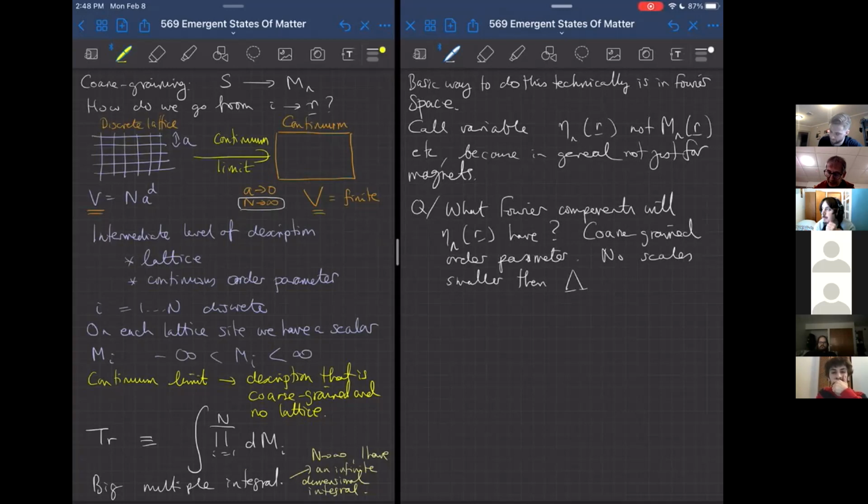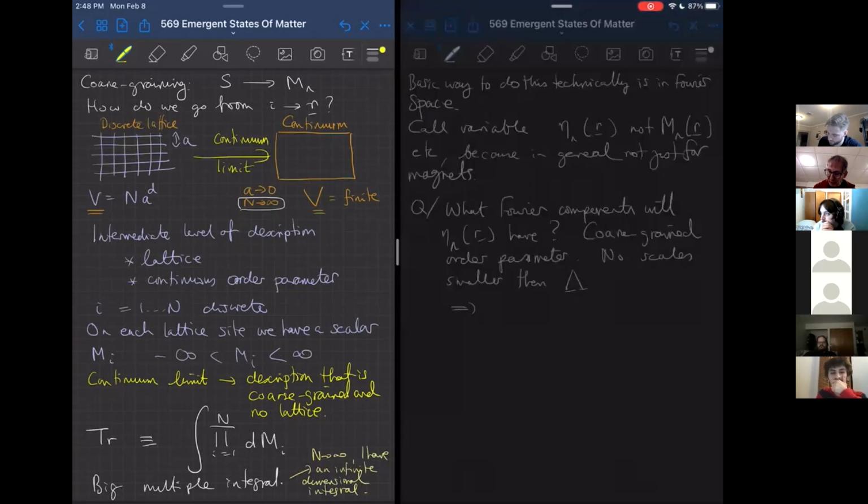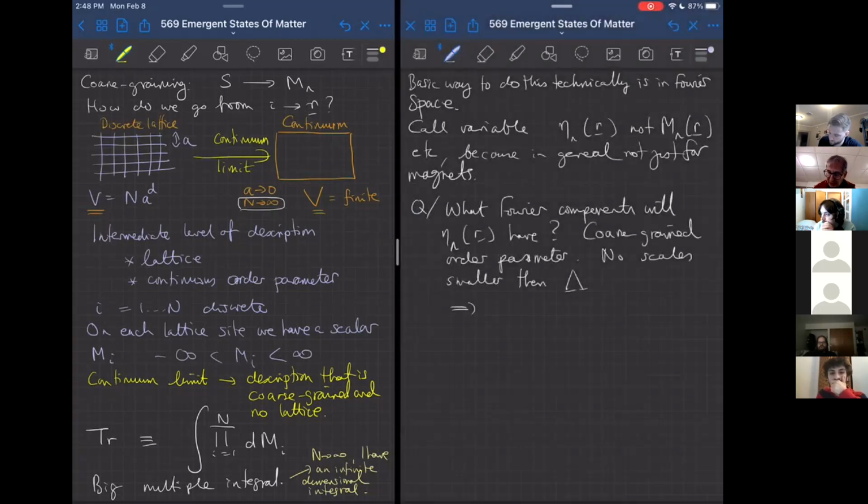And so the Fourier components are going to be 0 or very small when k is greater than 2 pi over lambda.